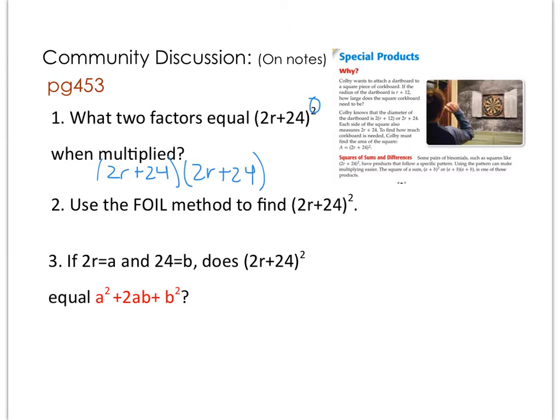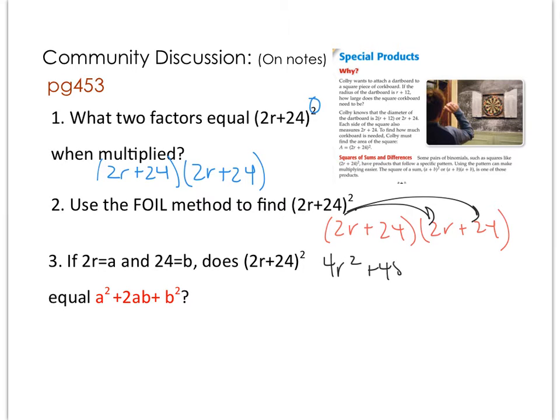Question 2 says, use the FOIL method to find 2r plus 24, the quantity squared. So I'm going to take 2r plus 24 and multiply it by 2r plus 24. And when I do that, 2r times 2r is 4r squared. 2r times 24 is 48r.